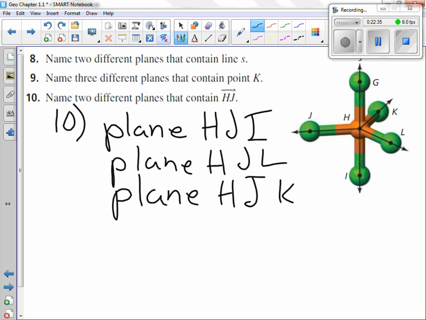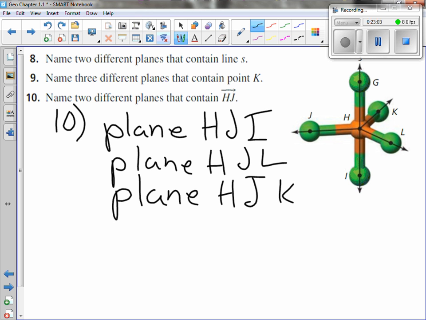HJG would work as well. We could also, I think, use HKL if we wanted to, because HJL is that flat plane, and it would extend out to J. That'd be the only one I think we can use without using J as one of the letters. Because any of the other planes, we need J in there and H, so it includes it.